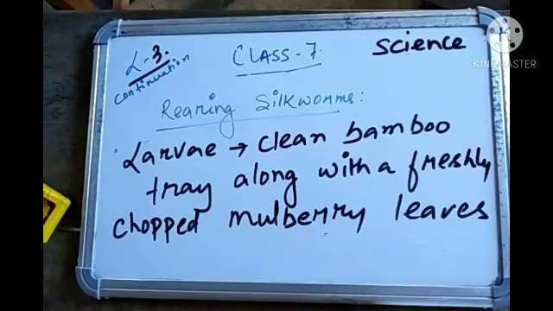So after getting larvae, they are kept in a clean bamboo tray along with the freshly chopped mulberry leaves.